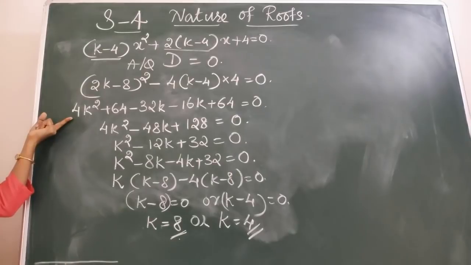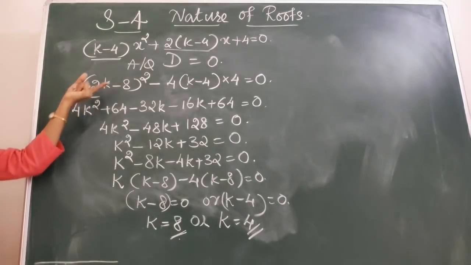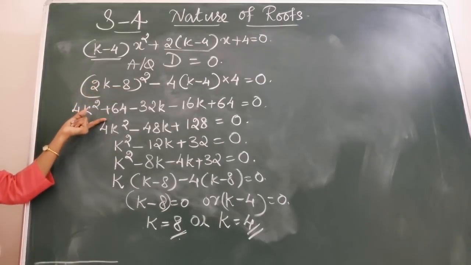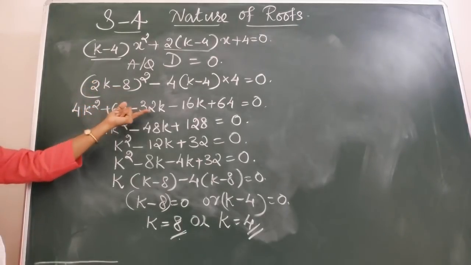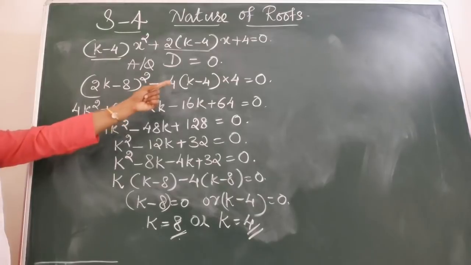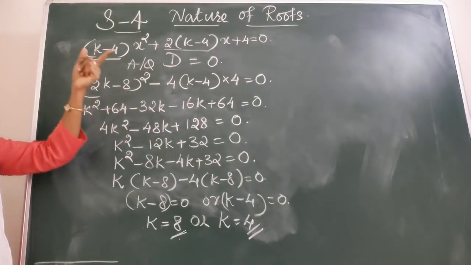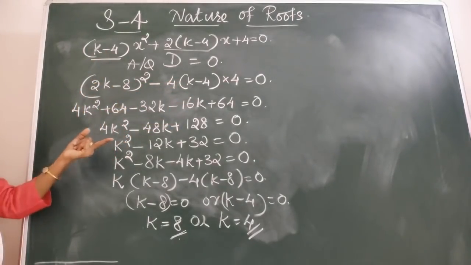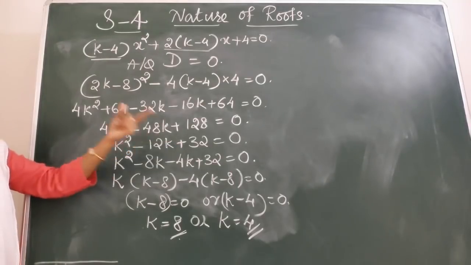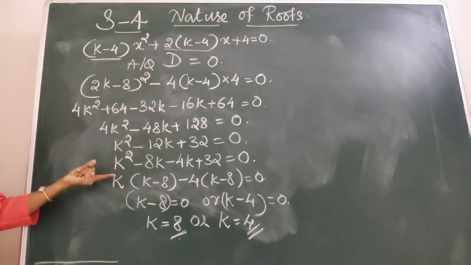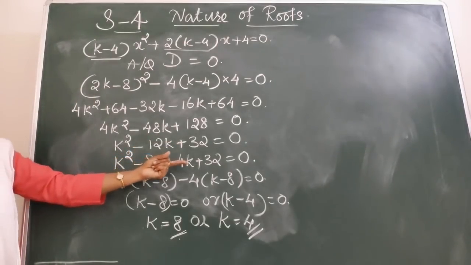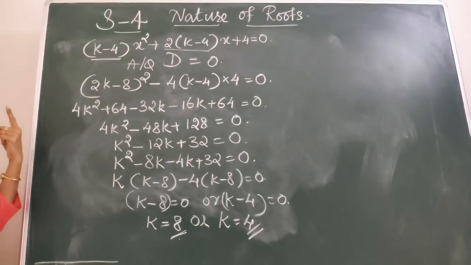So b square minus 4ac equals 0. While substituting the values, after taking out a minus b whole square as a square plus b square minus 2ab, then simplifying that bracket, finally after simplification you get a quadratic equation. After getting the quadratic equation, we apply splitting the middle term by finding two numbers.